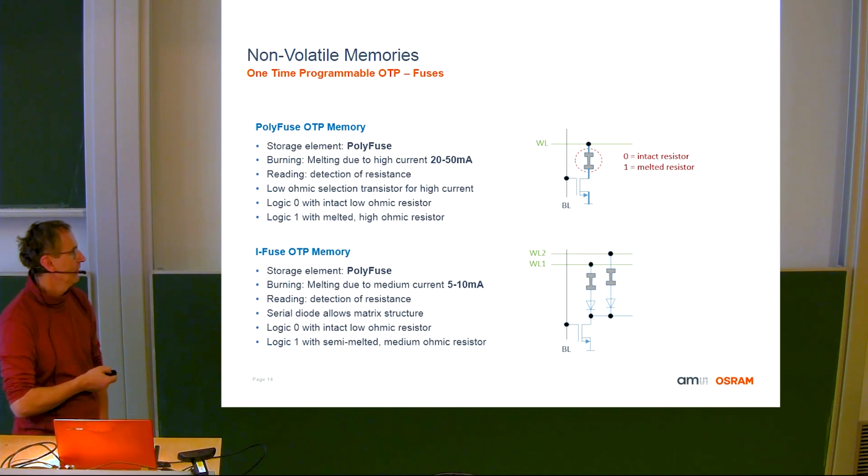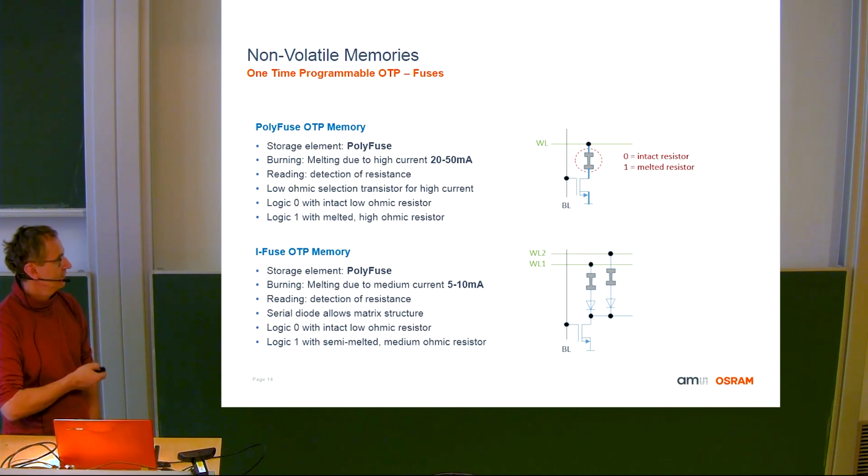So you still need this high-current transistor, but then you can build lines and make parallel approaches, and then define with the word line which of these fuses you want to use. Here you can really have a bit cell consisting of a diode and a resistor, or the poly resistor, in serial. So here you can more or less build medium-size memories with that.